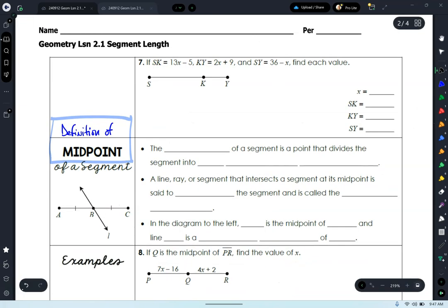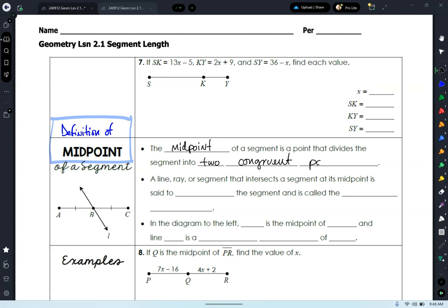All right, let's talk about that. This is going to be a huge concept for us. The midpoint of a segment is a point that divides that segment into 2 congruent parts. Divides a segment into 2 congruent parts.